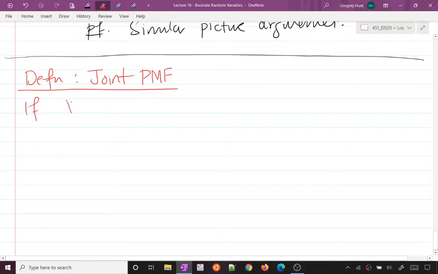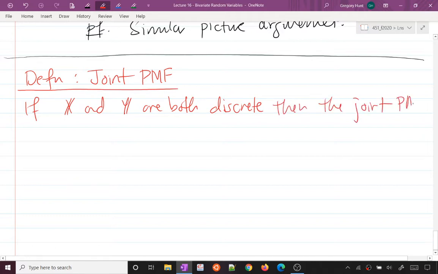If X and Y are both discrete, then the joint PMF of X and Y is, not surprisingly, a two-variable function.